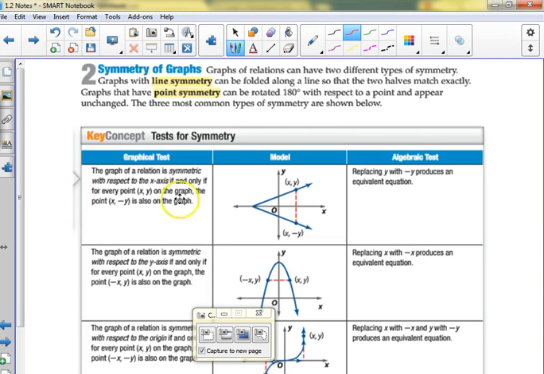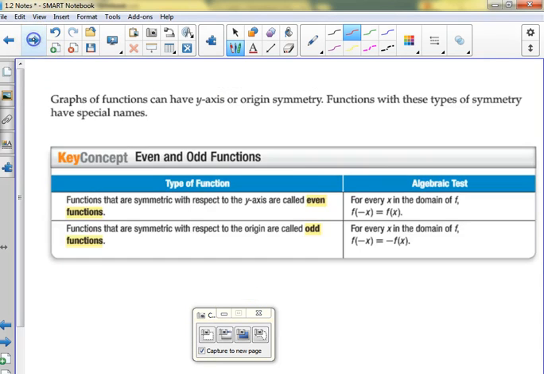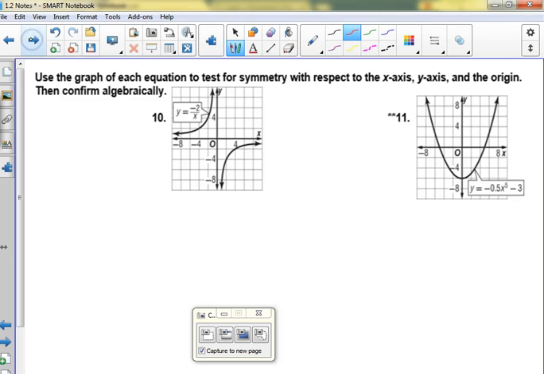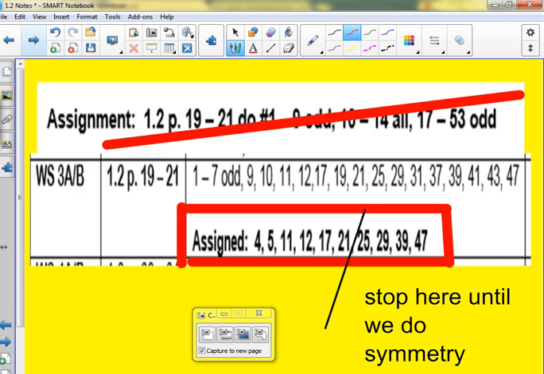All right. Did we get to symmetry then? And I'm not doing symmetry today. Okay. So if you wanted to start on 1.2 tonight or this weekend, don't do 25 on because those are the symmetry questions, okay?